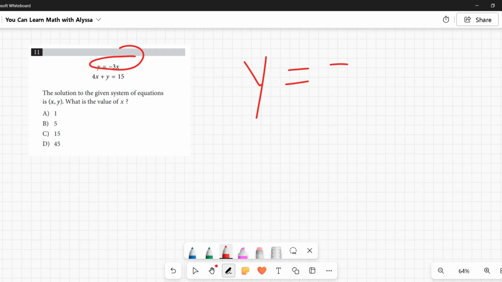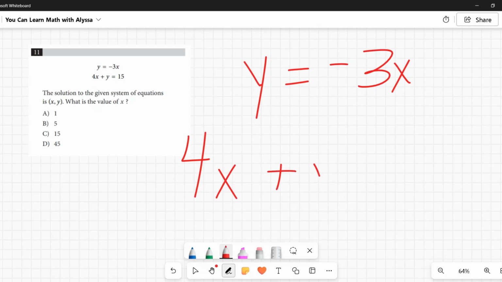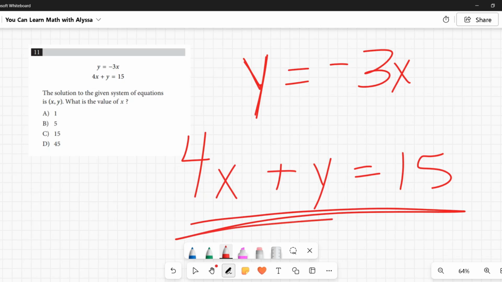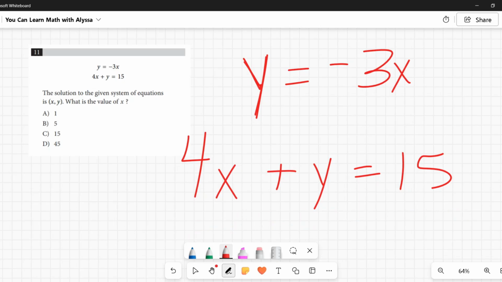It already is y equals, and everything else is on the right, negative 3x. I'm like, sweet, that's great. Now, how difficult is it going to be for me to solve for x when I substitute it? And when I say substitute, what I mean is, now that I know that y is equal to negative 3x, wherever there's a y in this second equation, I want to replace that y with negative 3x.